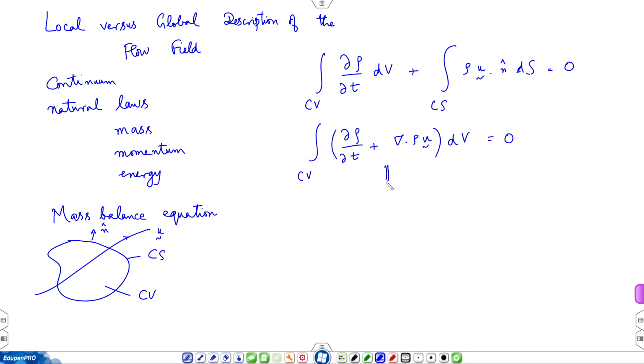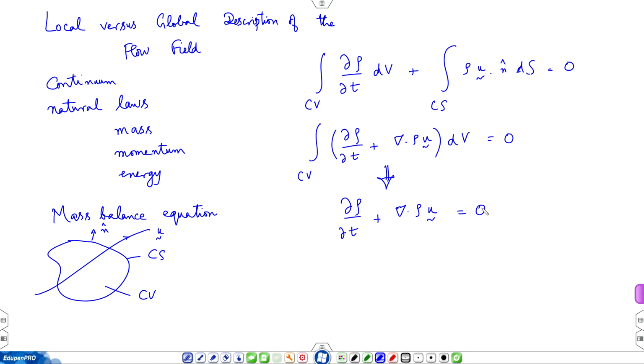So, quickly conclude that the time derivative of density plus del dot rho u is 0. So, this equation, what is the scale at which it is presented? It is a derivative with respect to time. So, it is instantaneous.